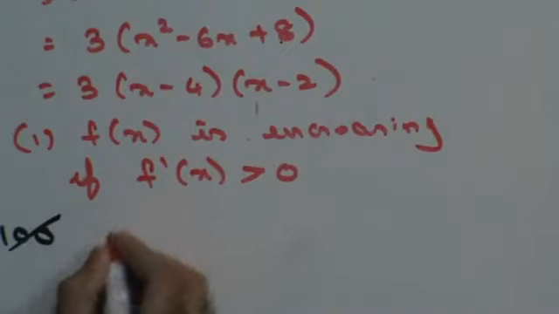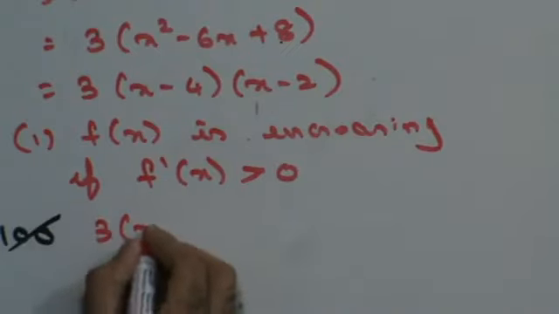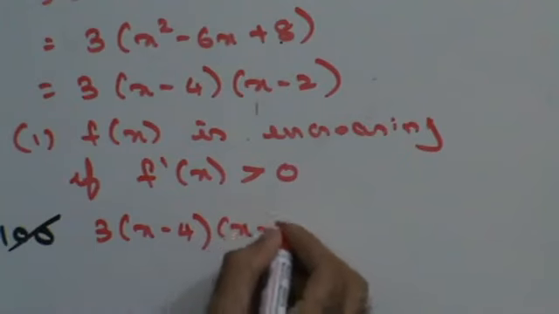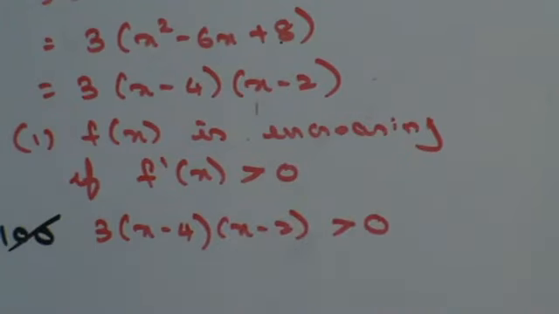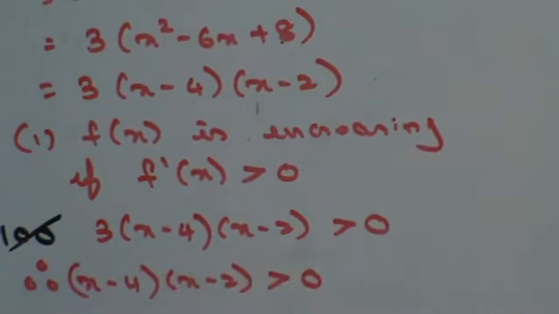We found f bar of x as 3 into x minus 4, x minus 2, which is greater than 0. Take 3 on the other side, so x minus 4, x minus 2 is greater than 0. When will the product of two numbers be greater than 0? When either both are positive or both are negative.